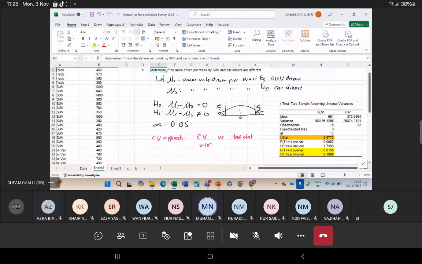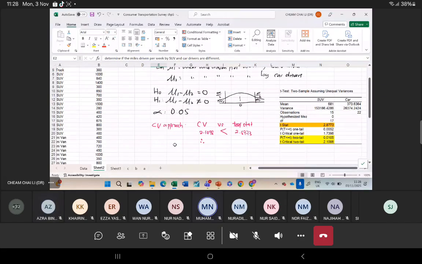Your test statistic is 2.8773. Now, your test statistic is larger. So what do you think is the decision? Reject or do not reject? Reject. Thank you. So the decision is reject, based on the critical value approach.